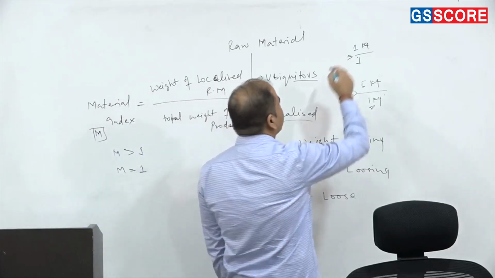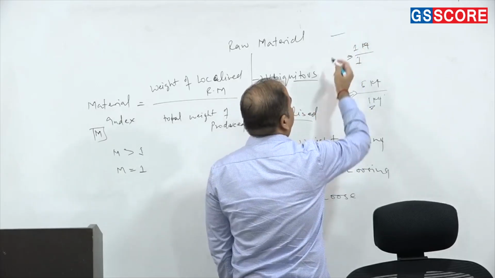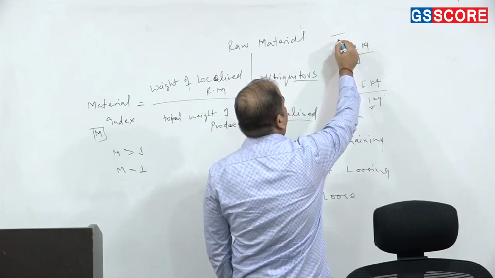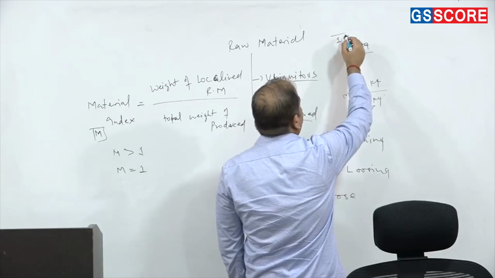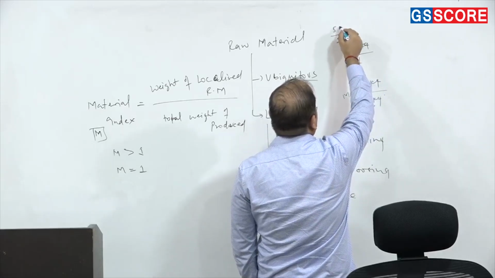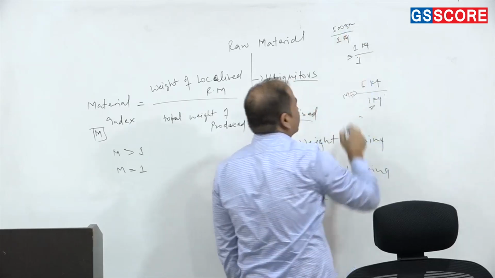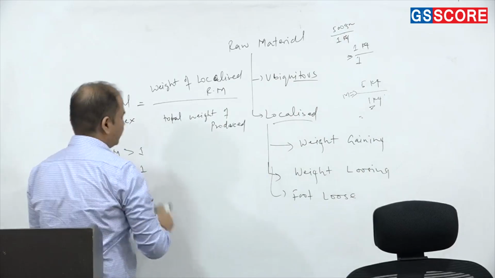Or you might be producing, let us say, beer. For production of 1 kg of beer, you require some grapes and some other requirement of only 500 grams. So, obviously, M is less than 1.